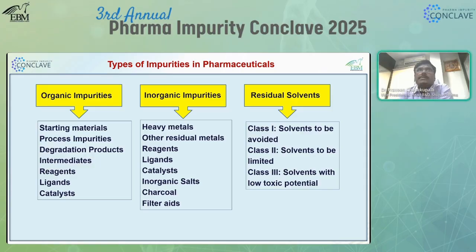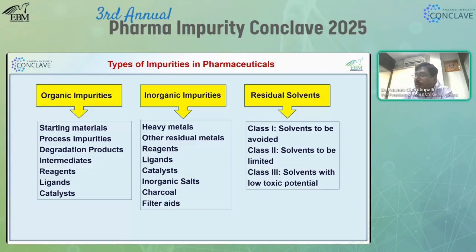And what are the types of impurities which will be present in a drug substance or drug product? As you know, everybody knows, there are organic impurities, inorganic impurities, and residual solvents.